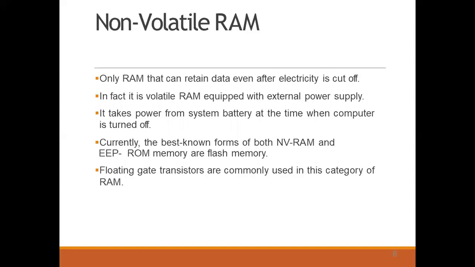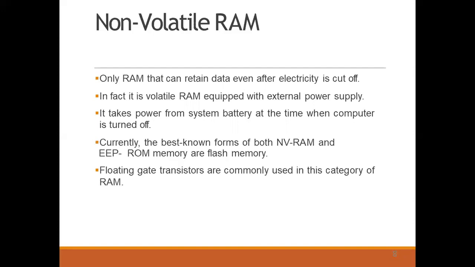Now what is NVRAM? It is the RAM that can retain data even after electricity is cut off. There is a main difference between the volatile RAM and the NVRAM. In the case of volatile RAM, if the power is off, the data will vanish. But in the case of NVRAM, even when the power is off, it can retain the data. In fact, it is volatile RAM equipped with an external power supply.